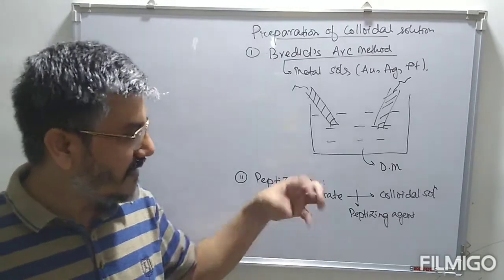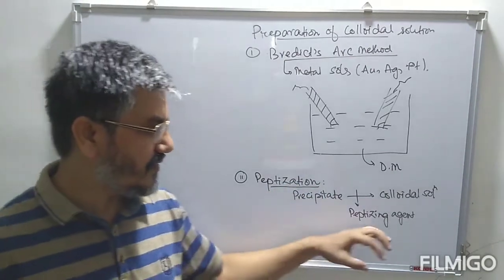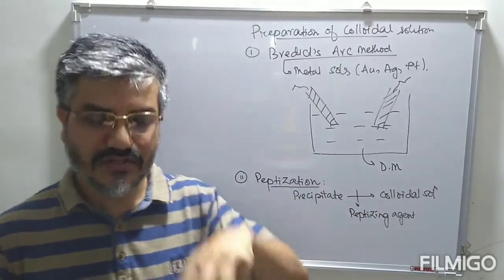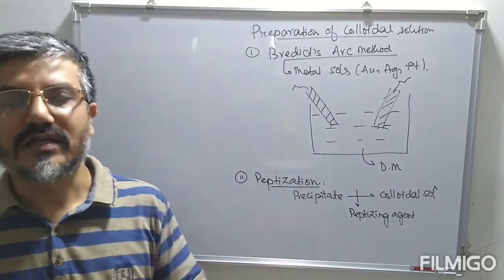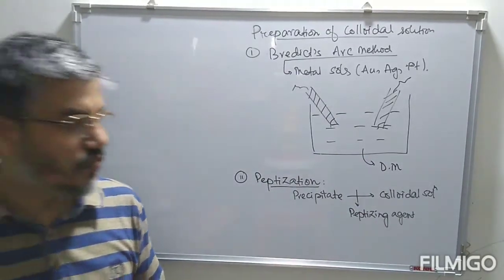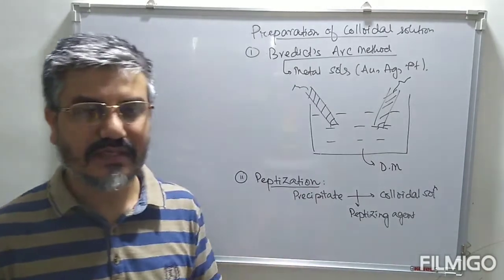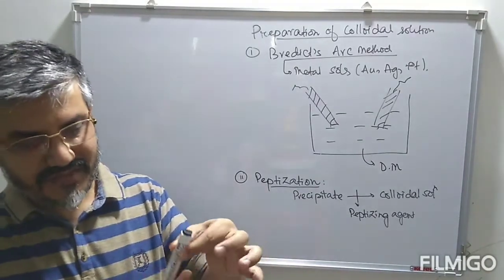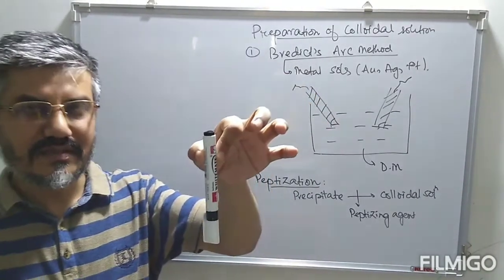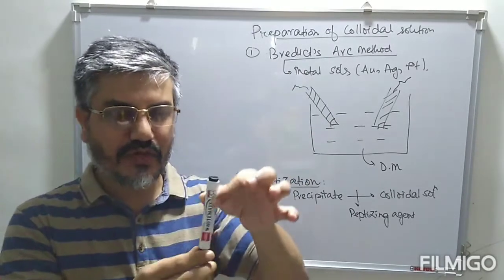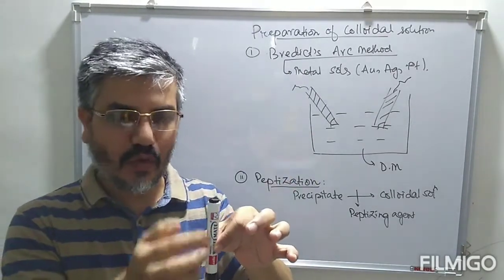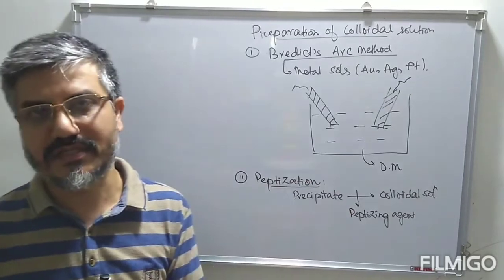Now, when this precipitate is mixed with peptizing agent, the ion which is common to the ion present in the precipitate gets adsorbed on the surface of the precipitate. That is preferential adsorption of ions on the surface of precipitate.